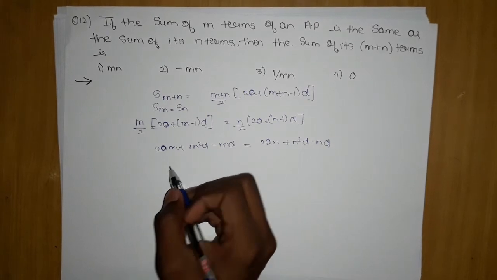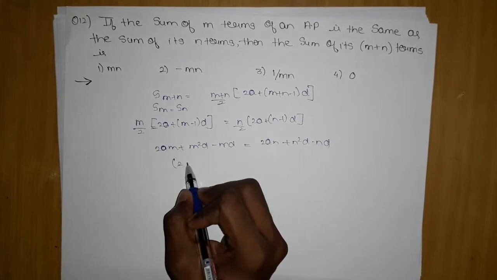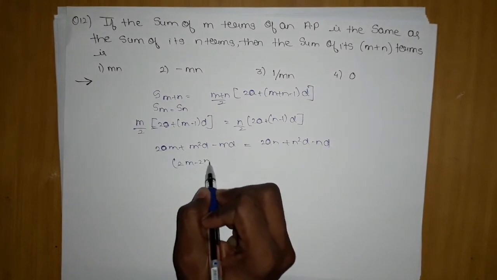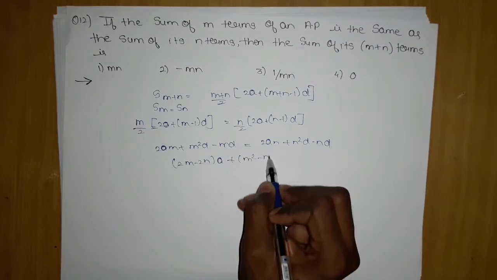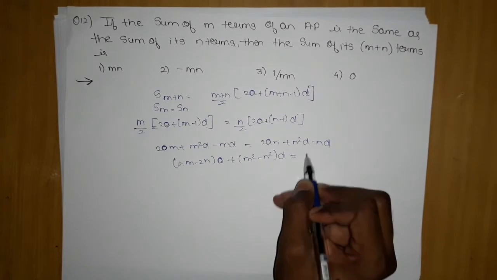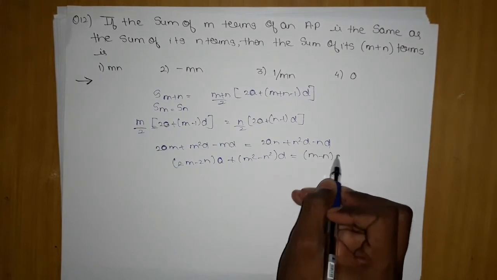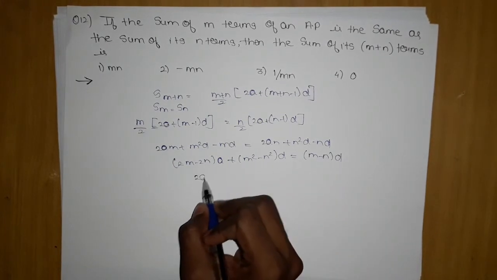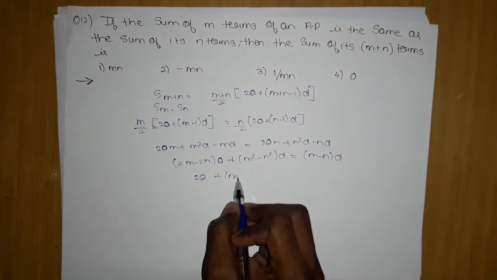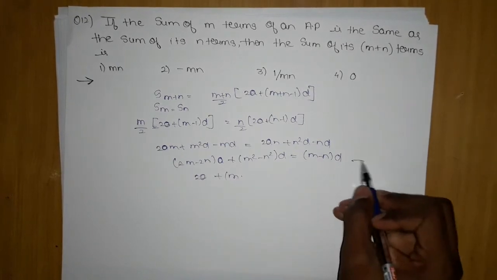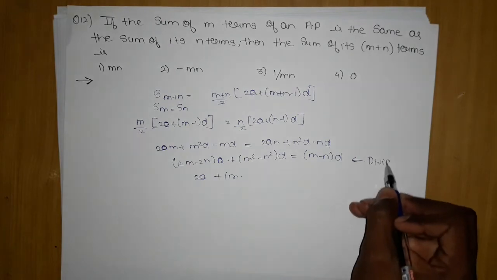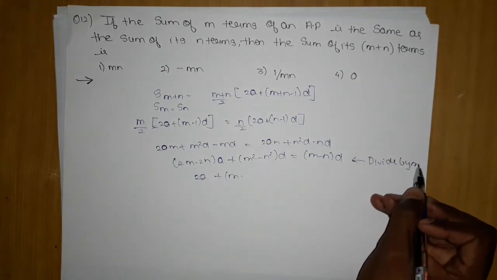After this, what are we getting? (2m minus 2n) into a plus (m square minus n square) into d is equal to (m minus n) into d. After this, we divide throughout by m minus n.